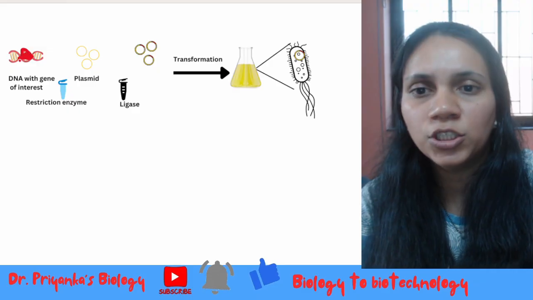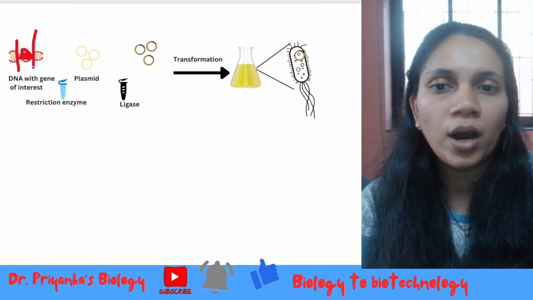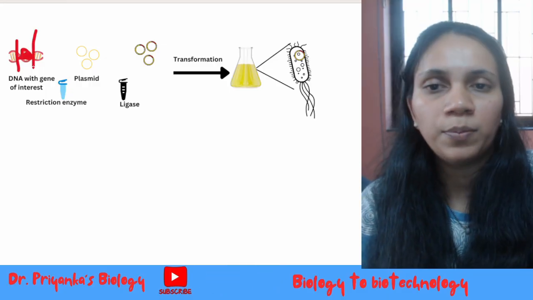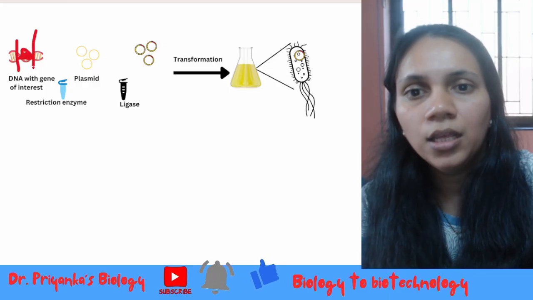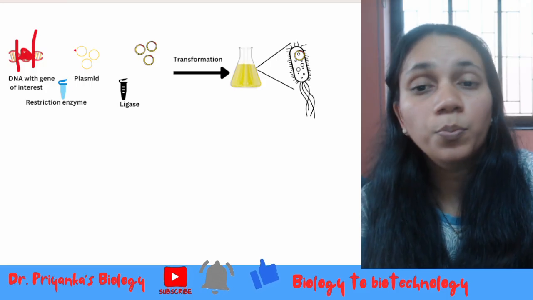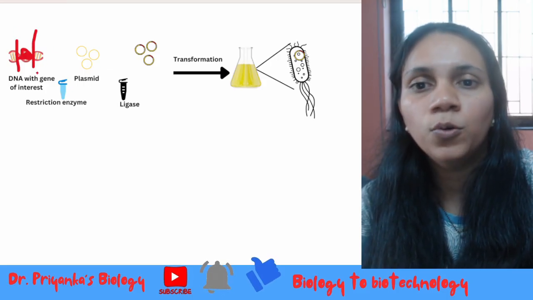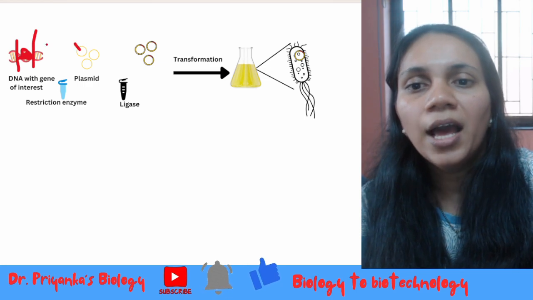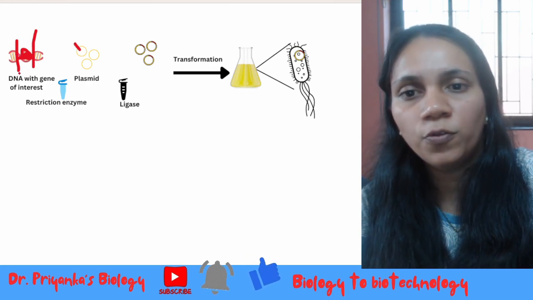Our intention is to cut only the specific required portion carrying the gene of interest and then introduce it into the plasmid. Before that, we need to make sure that cuts are produced in the plasmid as well as in the DNA portion carrying the gene of interest.